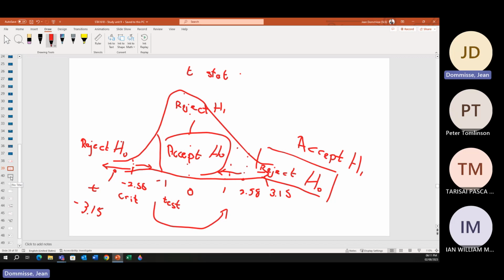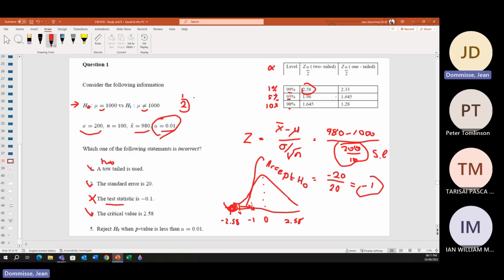Okay, so that is nearly the whole process of hypothesis testing that we've done in this one question: identify if it's one or two tail. For me, the easiest next one is to identify the critical value, because one does that with your level of significance.